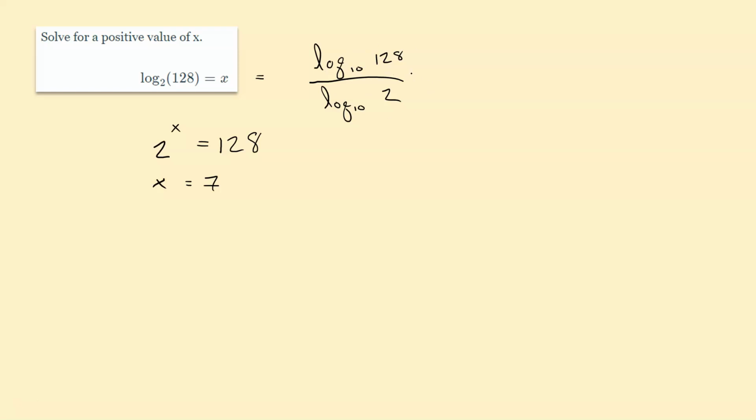So you can use this if you do log of 128 divided by log of 2, you should get 7. All right, so that's how you solve for the exponent.